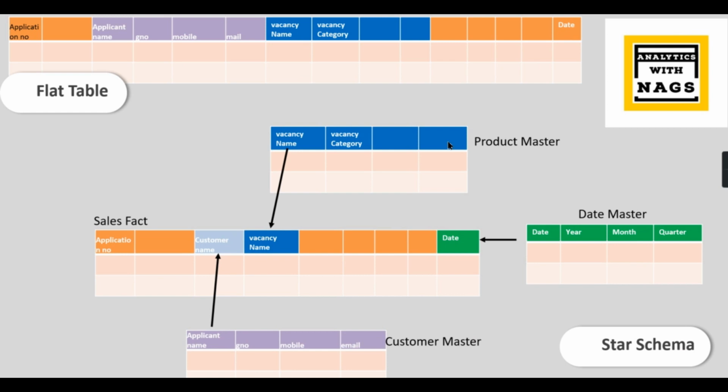Now the main objective of this video is to convert this flat table into a star schema. As I said before, we will see the existing report, then we will plan and implement this star schema from the flat model.